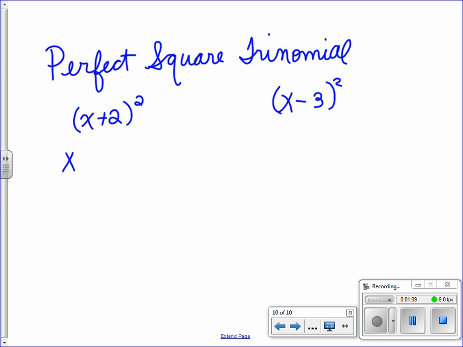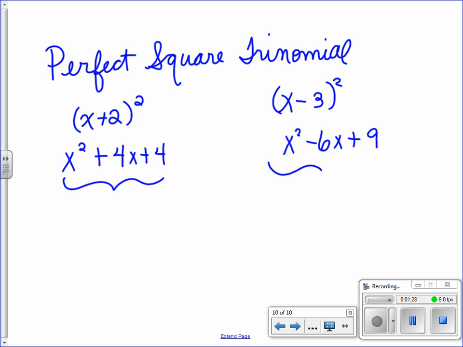If I multiply this out completely, this one would be x squared plus 4x plus 4. This one, if I multiplied it out, is x squared minus 6x plus 9. These two things are perfect square trinomials.